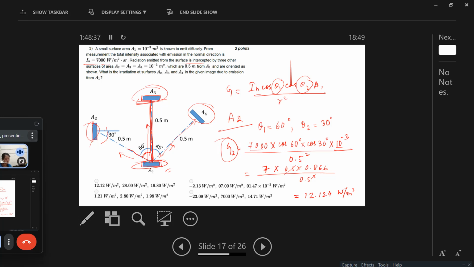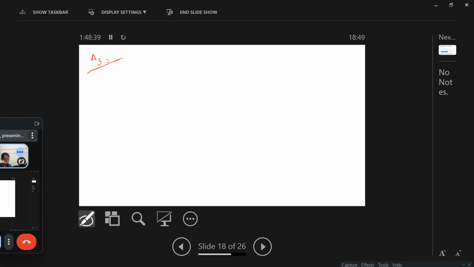So theta 1 and theta 2 both are 0. So if we substitute the formula, we get I1 cos theta 1 cos theta 2 divided by R square.